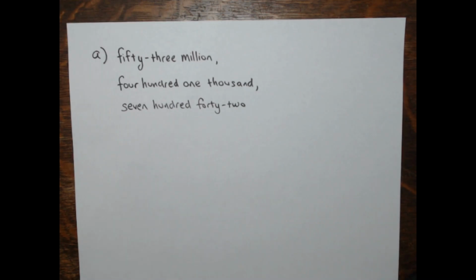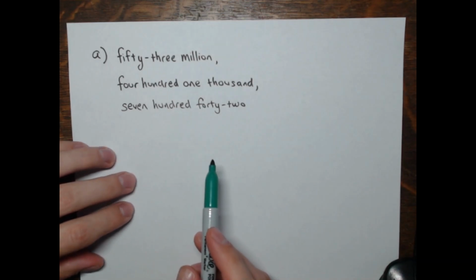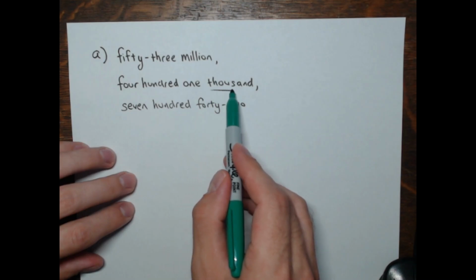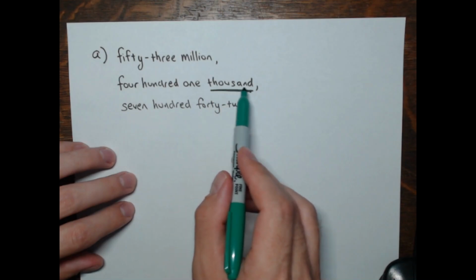Okay, so going through those steps from the how-to box. Step 1 was identify words that indicate periods. So remember there was a ones period, a thousands period. So I see 1,000 there.